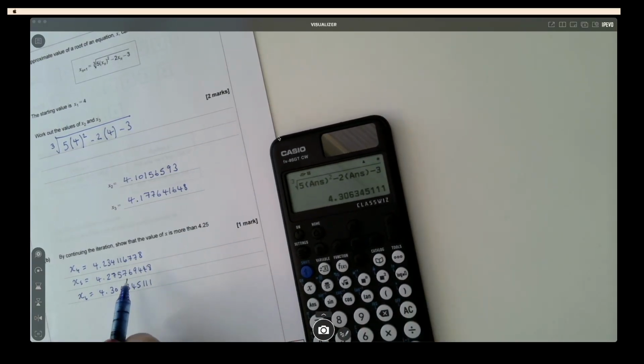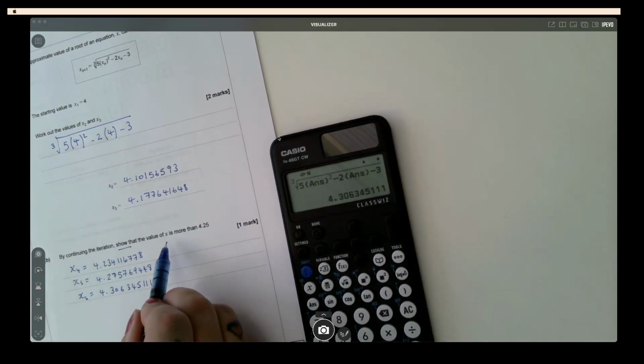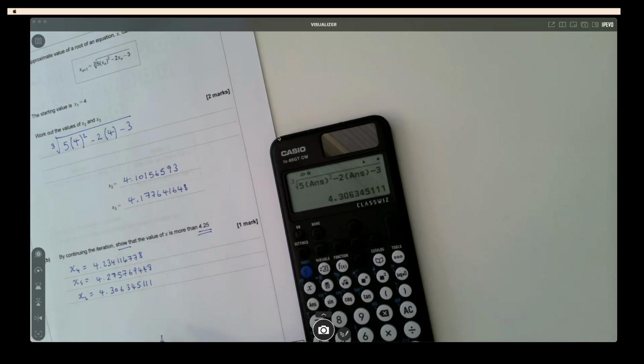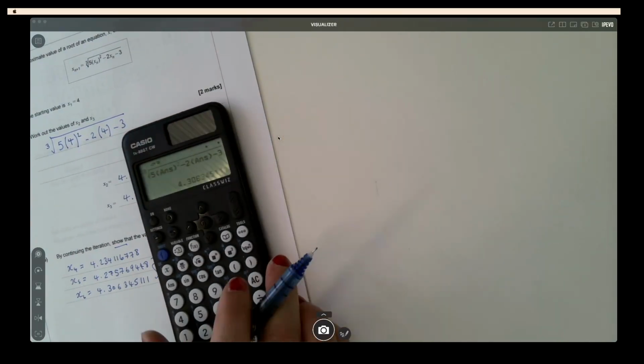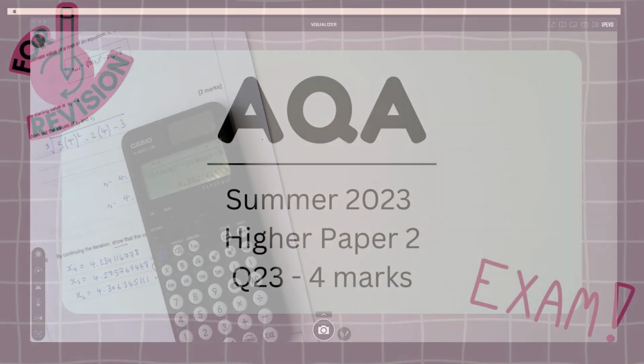We're going to stop here, because it wants us to show that the value of x is more than 4.25. It's already gone above 4.25 with the 5th and 6th values, so it's just going to keep going. You can press your calculator to check. They're all going to be bigger than 4.25, so we can stop at that point.